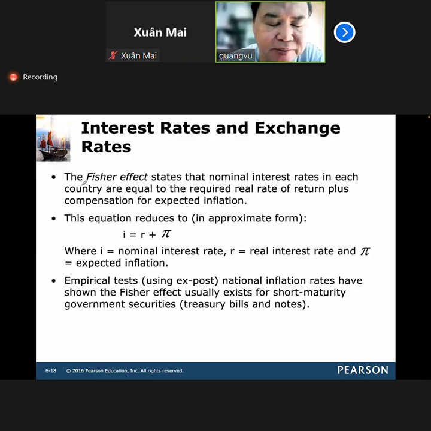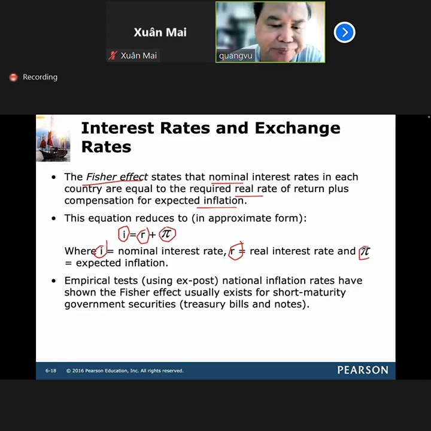The Fisher effect shows you the relationship between nominal interest rate, inflation rate, and the real rate. In approximate form, not exact form, the nominal rate equals the real rate plus inflation, or the real rate equals the nominal rate minus the inflation rate.